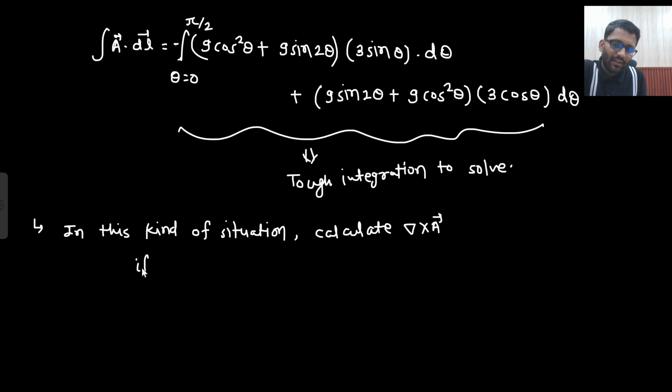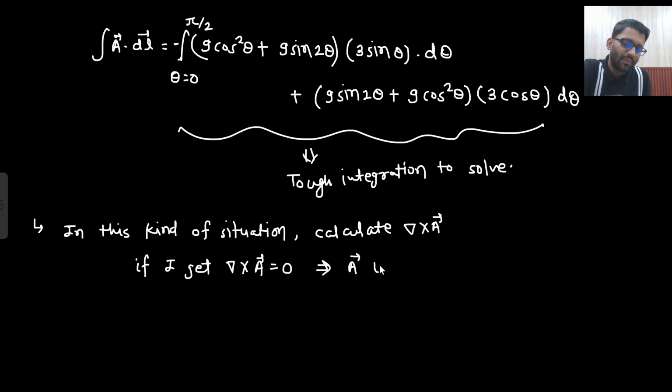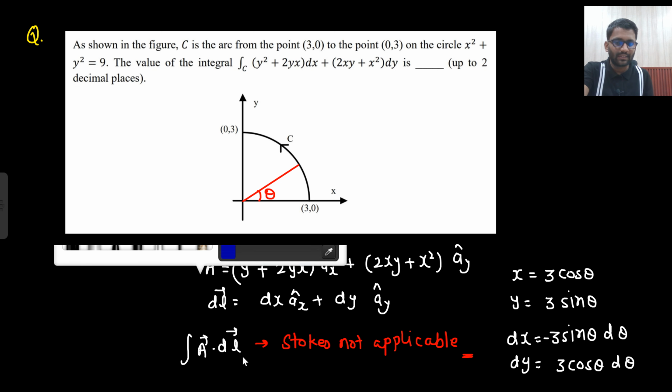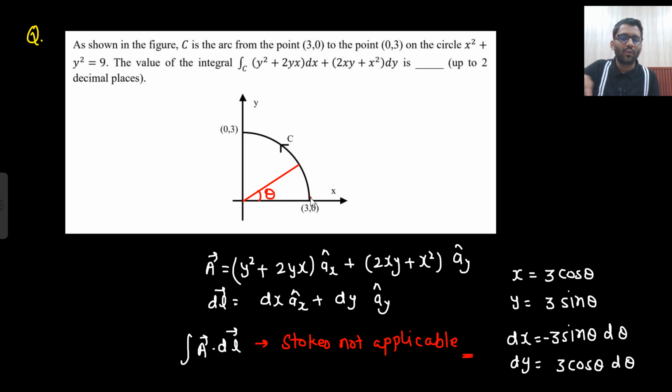If I get curl of A equals 0, that means certainly my vector field is conservative. If I get curl of A equals 0, that means A is conservative. And if A is conservative, then I do not need to follow this path.